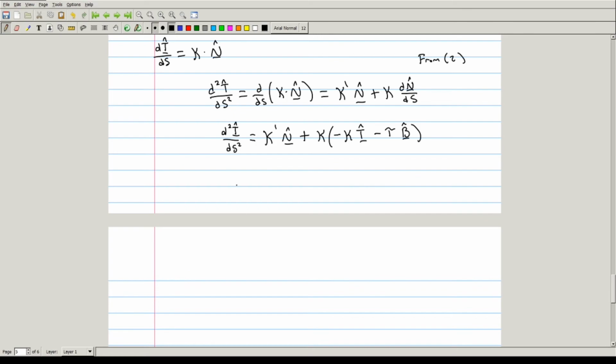This is our first simplification here. And then if you recall, we can go through and take the cross product of this entire thing with respect to t hat. It's going to simplify a little bit.